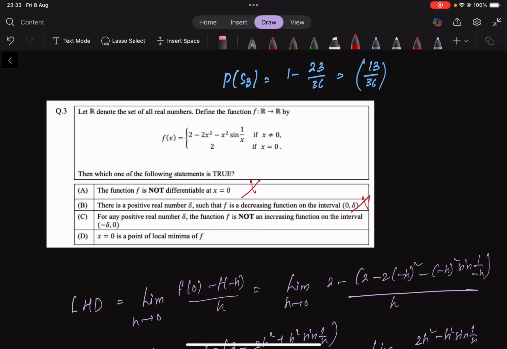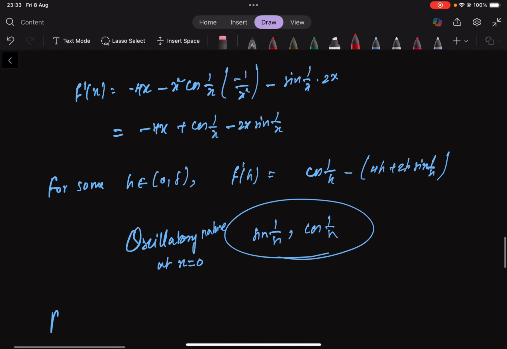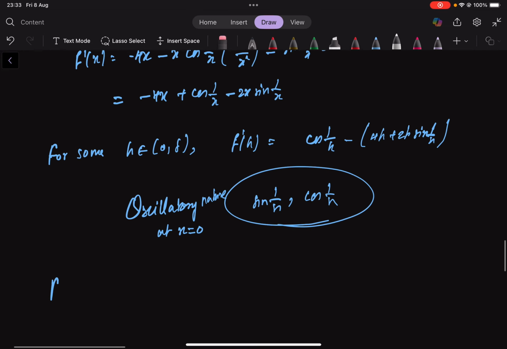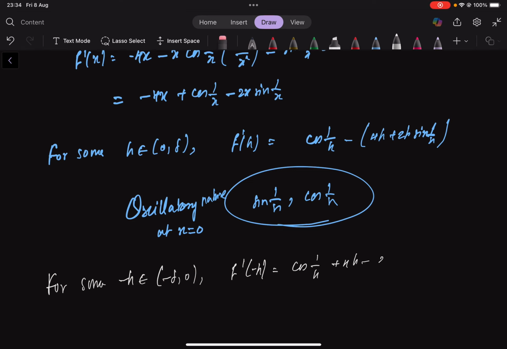Now if we consider option C, it's the same process. Suppose for some minus h which belongs to minus delta comma 0, f dash of minus h is cos of 1 by h plus 4h minus 2h sine 1 by h.